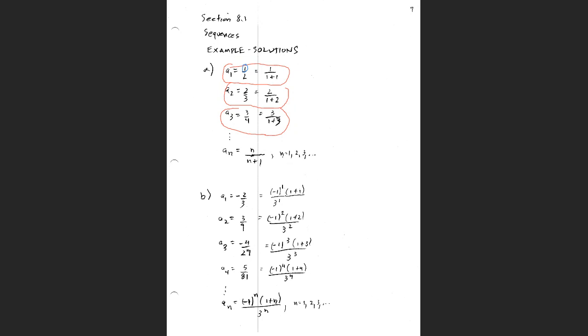Second term is 2/3, 2 goes with 2. Third term is 3/4. So the number in the numerator matches the term that you're doing. The denominator, on the other hand, is just 1 more than the numerator.